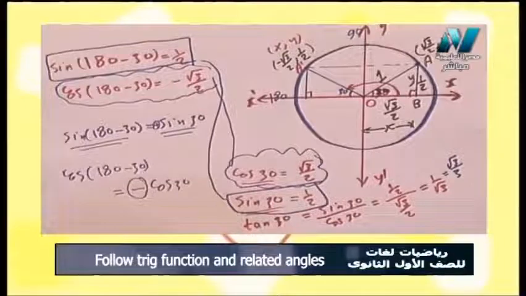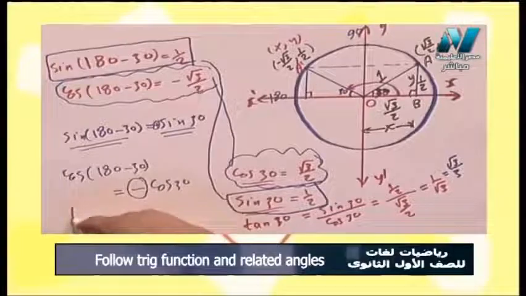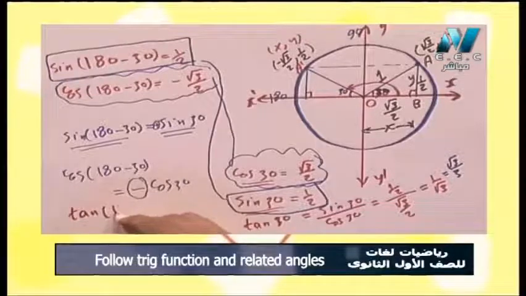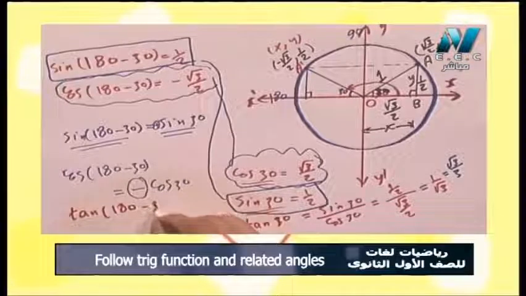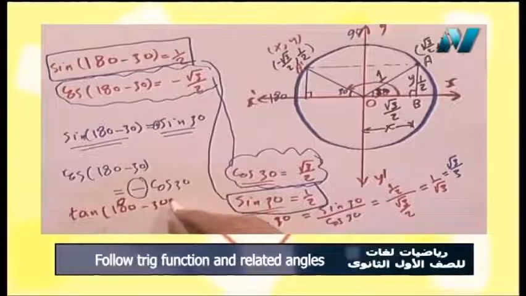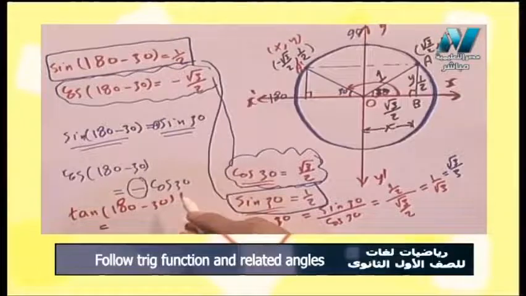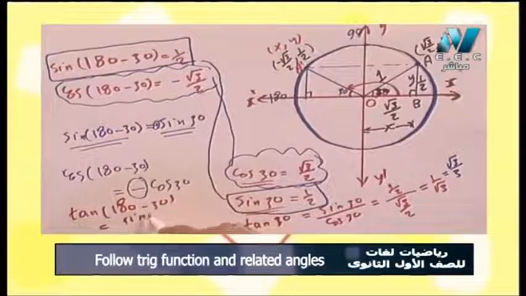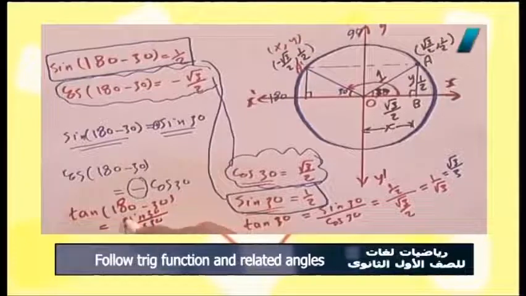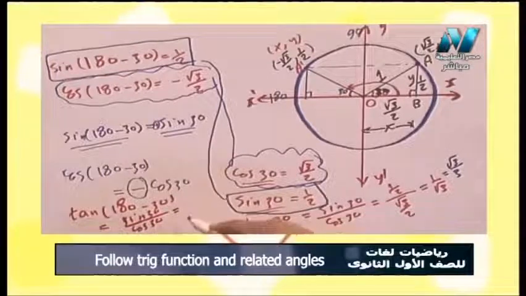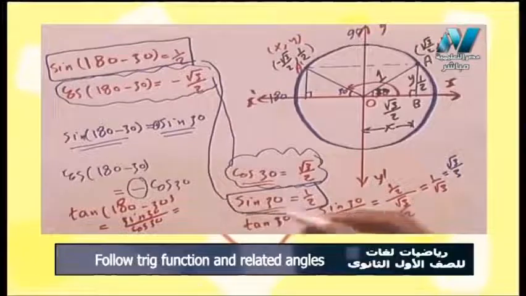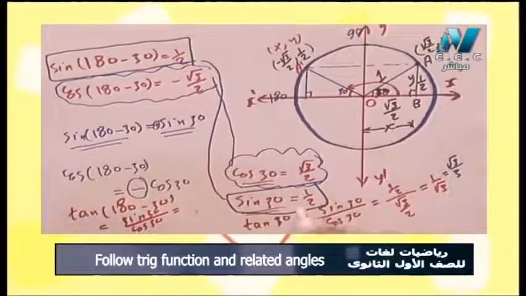If we would like to find tan 180 minus 30, it equals sine 30 over cosine 30, so the answer will be sine 30, which is half.